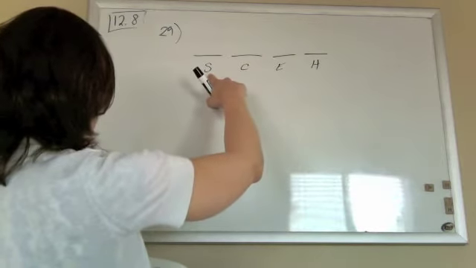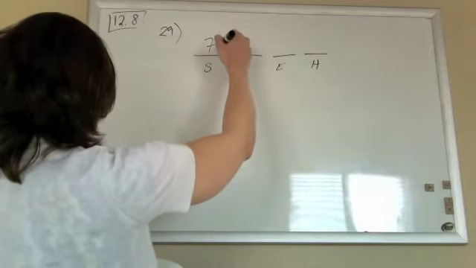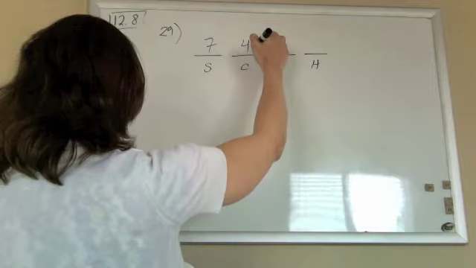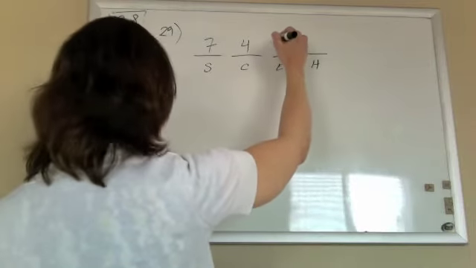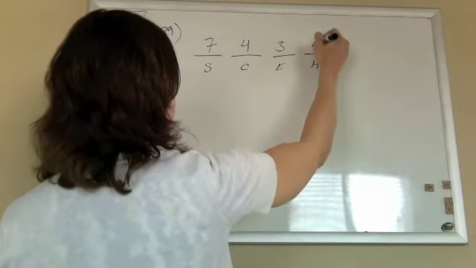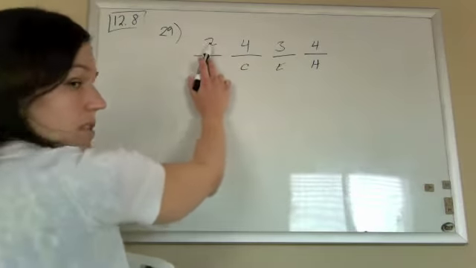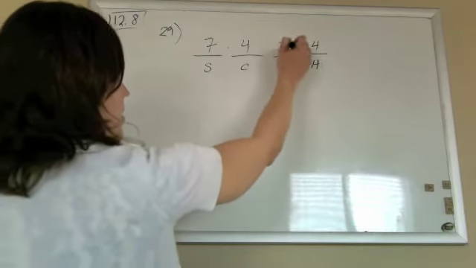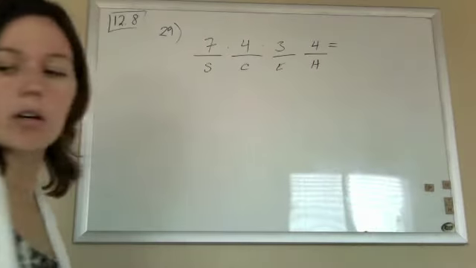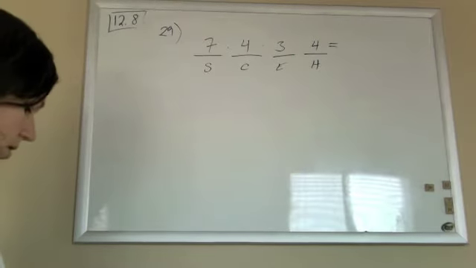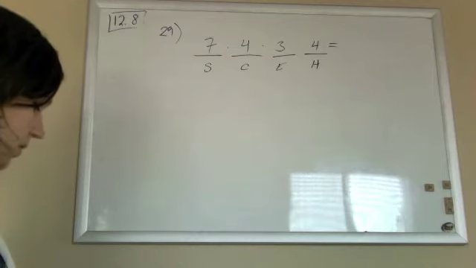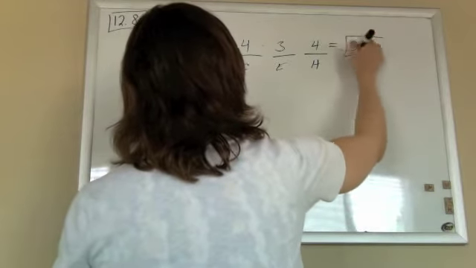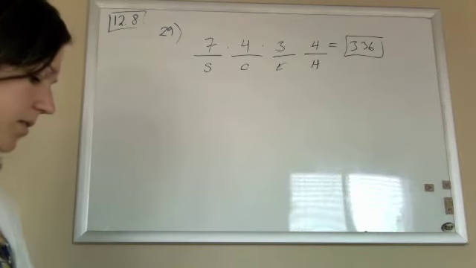And there are 7 sociology classes he could choose, 4 chemistry classes, 3 econ classes, and 4 humanities classes. So this many ways to do that, this many ways to do that, and so on. Just multiply them all together: 7 times 4 times 3 times 4. You get 336 ways you could choose those classes.